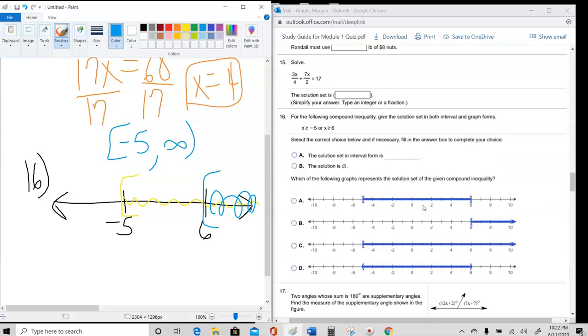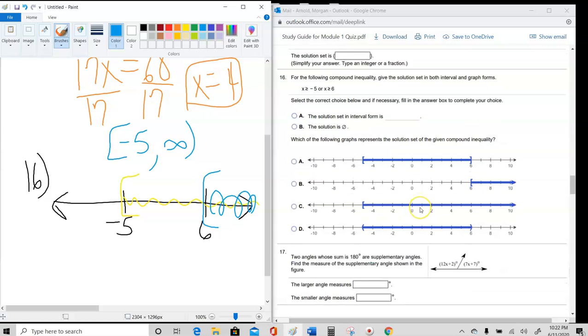And which of the following graphs represents the solution set of the given compound inequality? It looks like C is the correct graph. So remember, or means you include everything, and is intersection, or where the colors overlap each other.